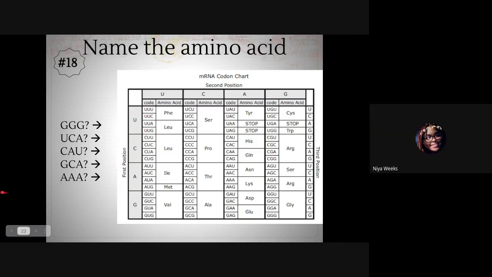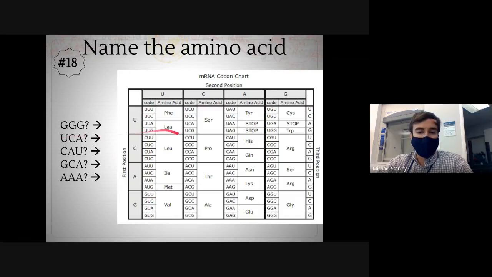LYS. Exactly, LYS, which is short for lysine. So A is right here, and then A is right here, so they meet up in this one, and AAA right here gives us lysine.